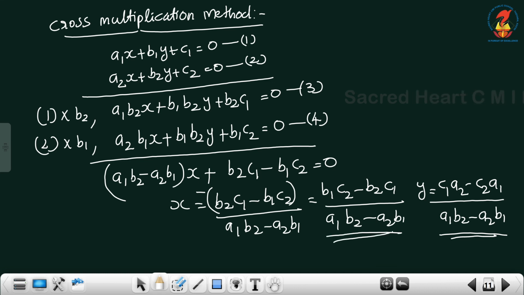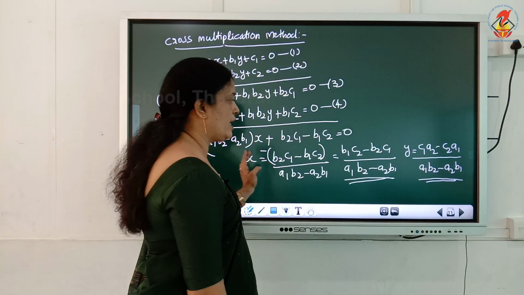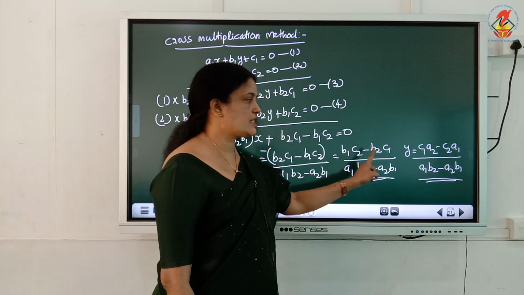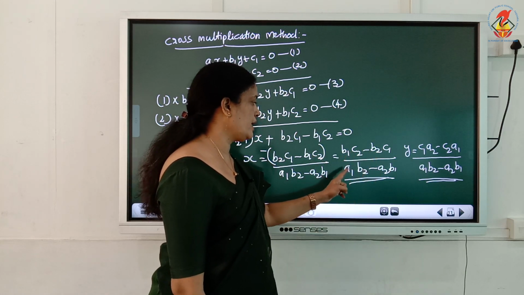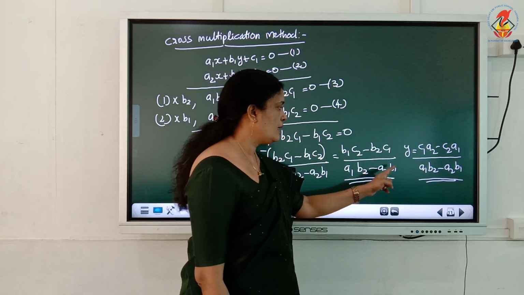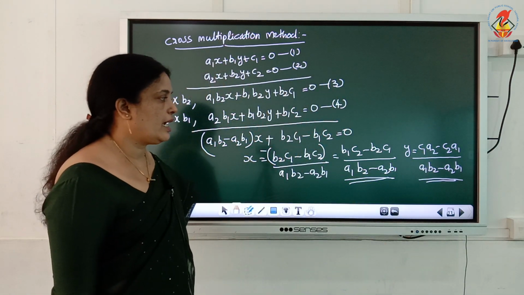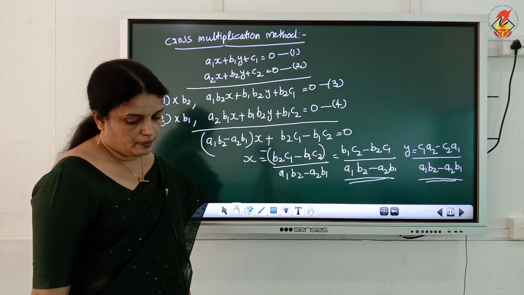What is the x value? b1 c2 minus b2 c1 divided by a1 b2 minus a2 b1. Next y equal to c1 a2 minus c2 a1 divided by a1 b2 minus a2 b1. Only these values you learn by heart, no need for these steps. x is equal to b1 c2 minus b2 c1 by a1 b2 minus a2 b1. y equal to c1 a2 minus c2 a1 divided by a1 b2 minus a2 b1.